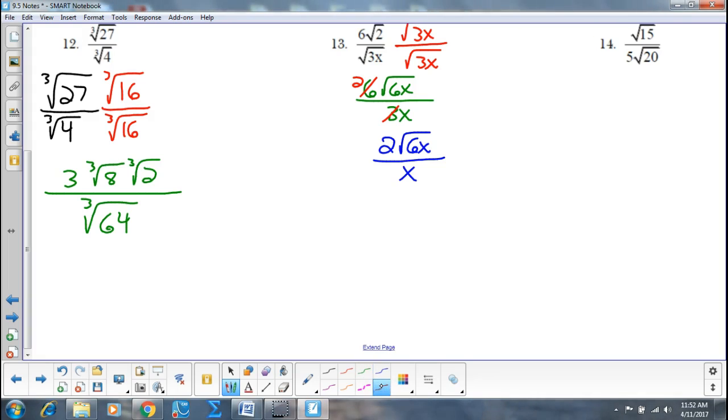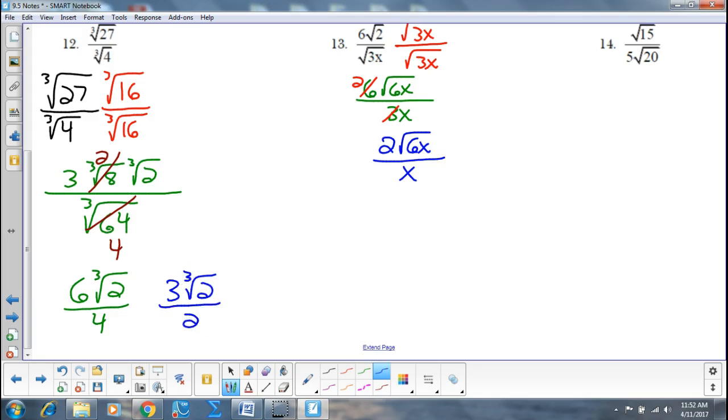This one becomes 4. This one becomes 2. So we get 6 times the cube root of 2 all over 4, or 3 times the cube root of 2 over 2.